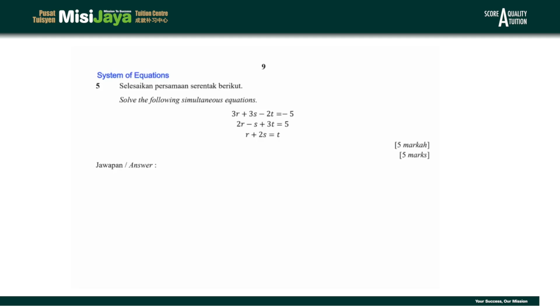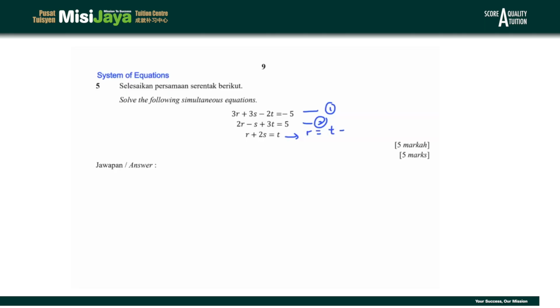The first equation has 3R plus 3S minus 2T equals to -5. So this is equation 1. And then 2R minus S plus 3T equals to 5. This is equation 2. And then the third one looks a bit simple because I can make R as the subject of the equation. So from here, I make R as a subject of the equation.